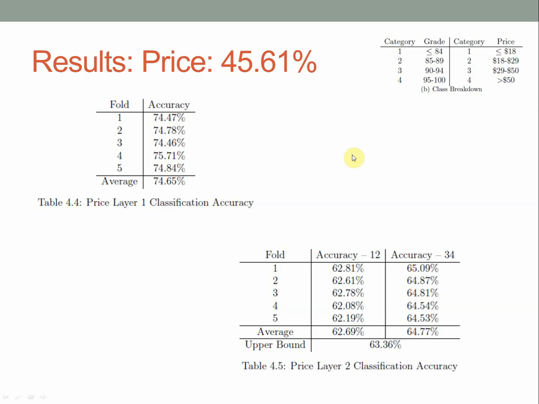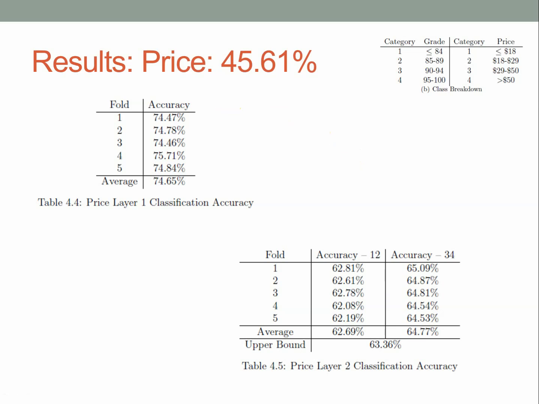For the price, it's doing similar things. However, it is less accurate. Because think about this, it's much harder to look into the wine reviews and then predict the price, since wine reviews are more or less associated with the grade.